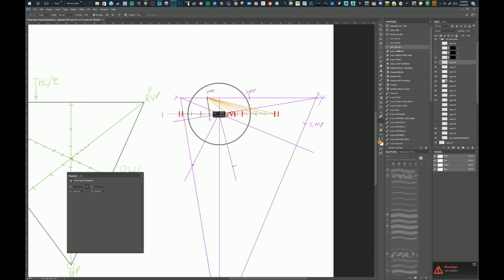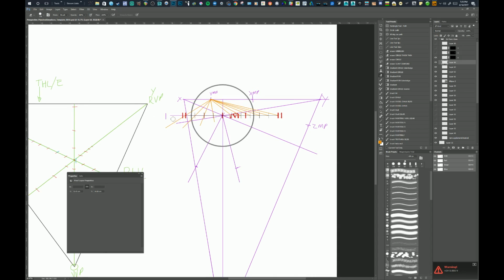Oops. We have 1, 2, 3, 4 going forward on the Y. Let's get rid of all these.